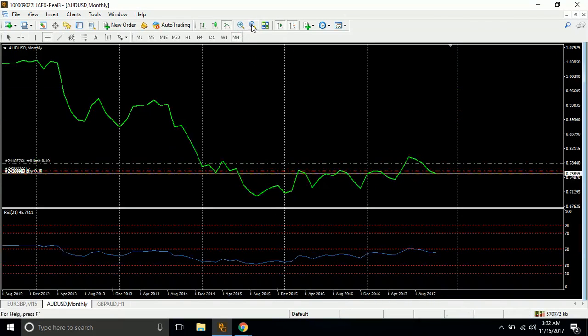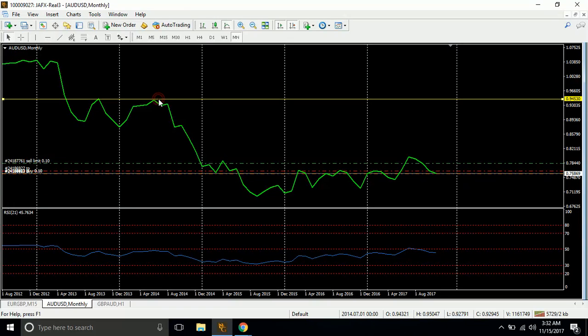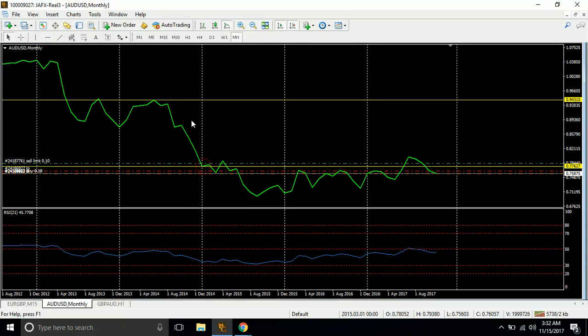We want to go back at least 2, no more than 3 periods, and indicate each period's high and low, starting on the monthly, from left to right. This period to this period, the low is actually right here at the end of it.